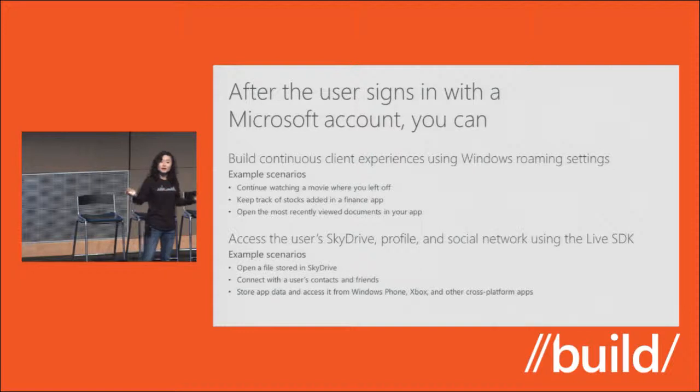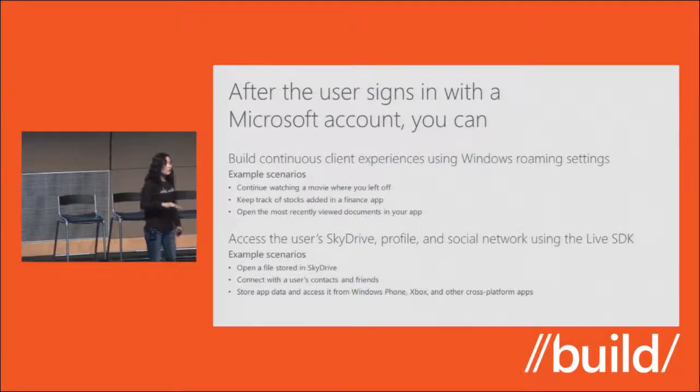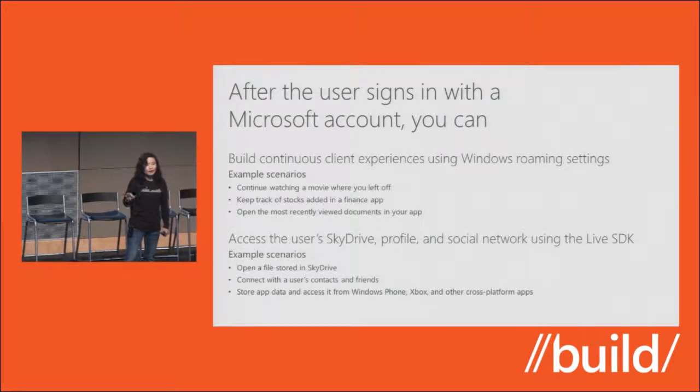If you have a finance app, you can keep track of the stocks the user added to his profile. If you have a document viewer, you can always access the most recently opened documents, regardless of which device the user is currently working on. The second category of scenarios involves accessing users' data that are stored in Windows services.